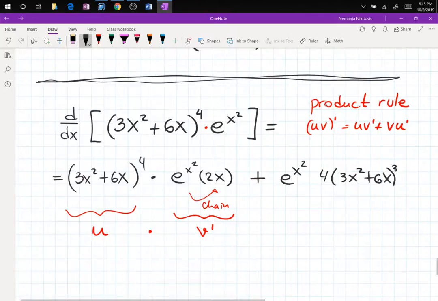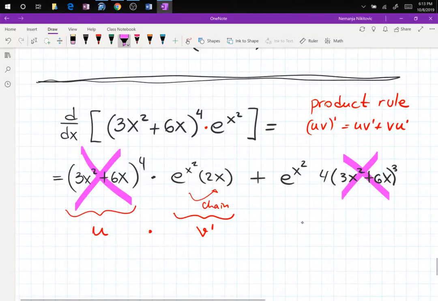You can think of this whole thing over here as x to the 4th, right? If it's x to the 4th, then the derivative of x to the 4th is 4x cubed. And then you have to follow with the chain, which is the derivative of the inside, which is 6x plus 6.